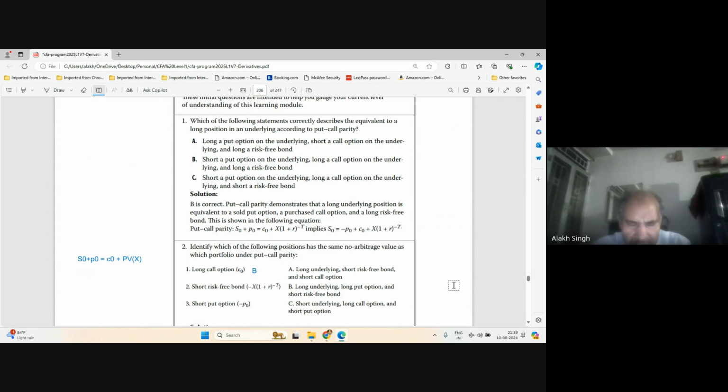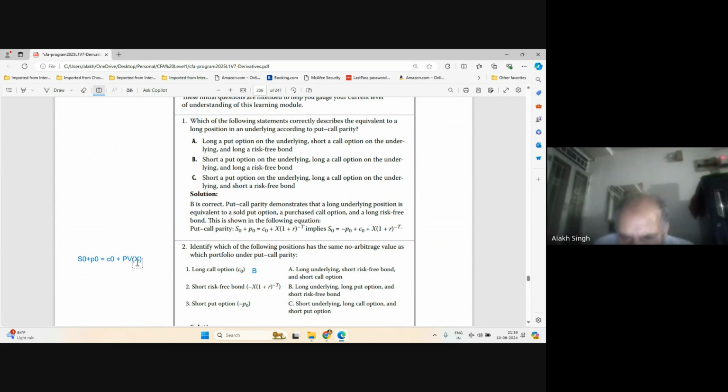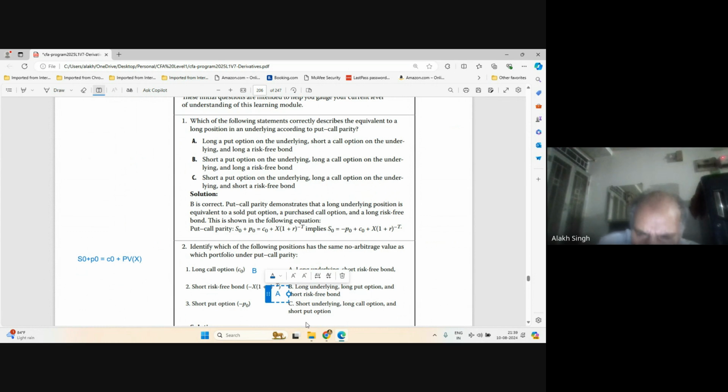A short risk-free bond is minus PV of X, which means C naught minus S naught minus P naught. So A, very good.